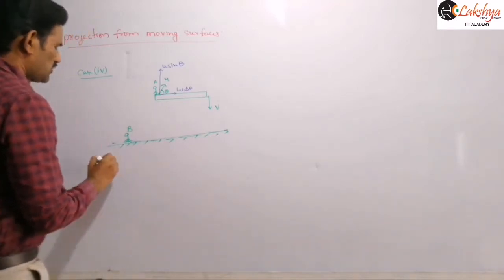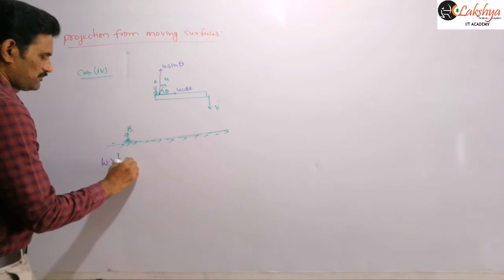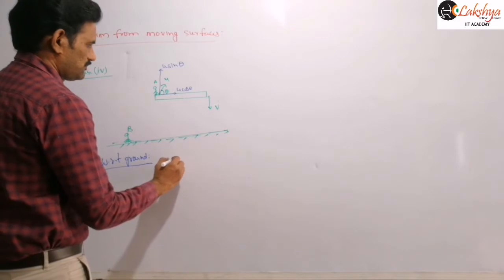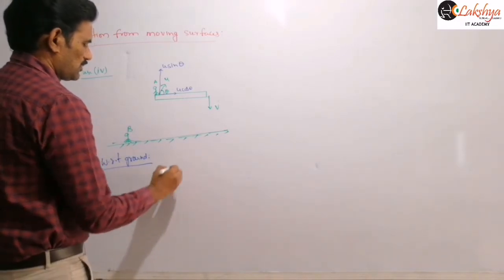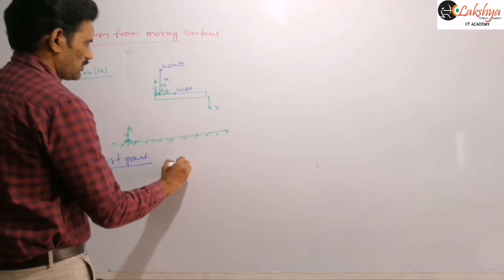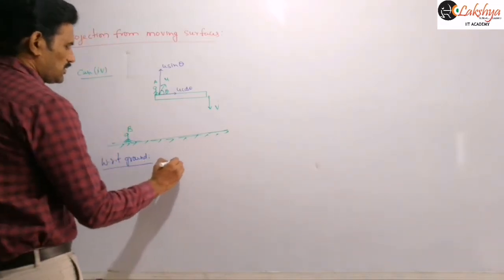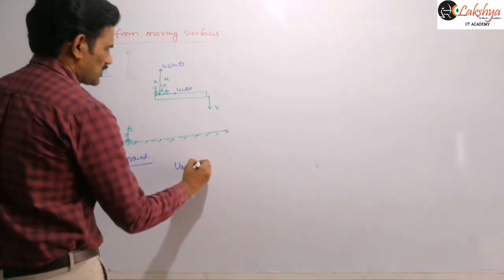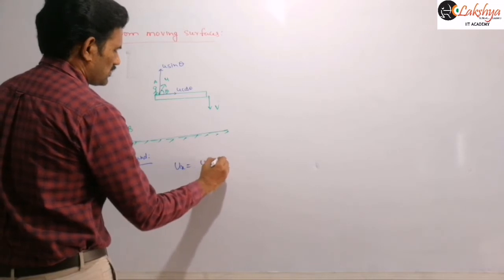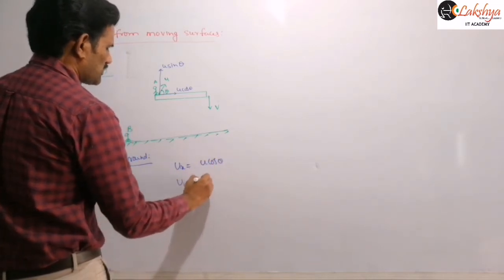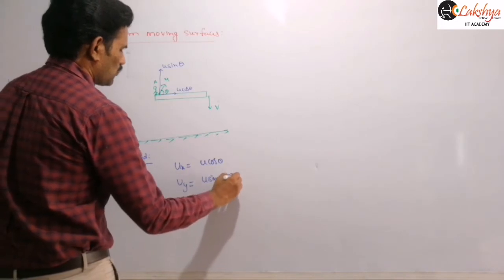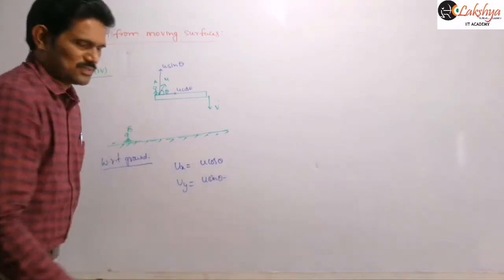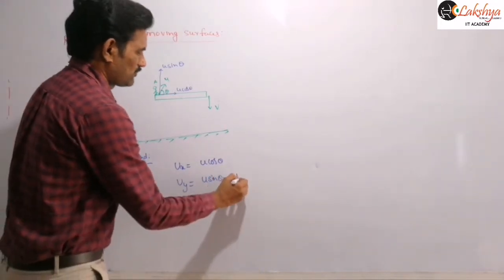And now with respect to the ground, again I am writing here. With respect to the ground, I can write ux is equal to horizontal component u cos theta, and uy is equal to u sin theta minus v, because it is having this velocity in opposite direction here, right?